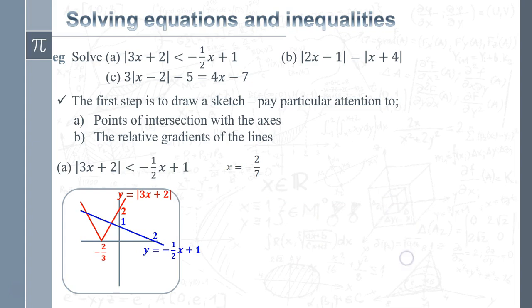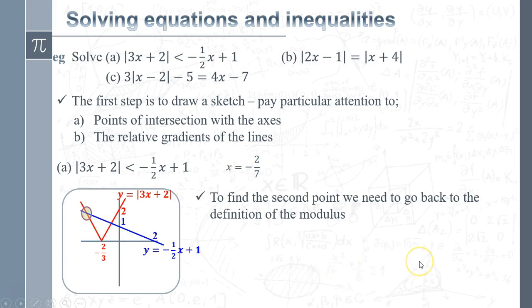That one's fairly straightforward. The next thing we've got to do is have a think about this point up here. So in order to be able to find that point there, we've got to go back to our definition of the modulus, and this is why I made such a thing about this definition in the previous video. Because what we're saying is, if our definition says if x is less than 0, then mod x is minus x.